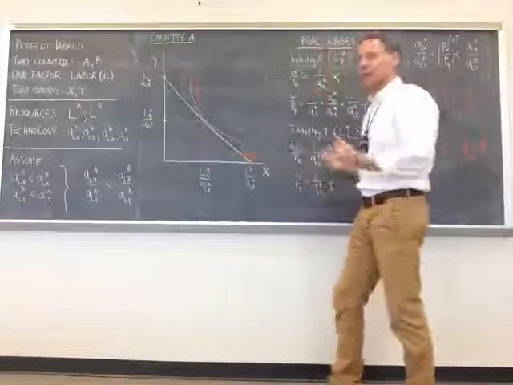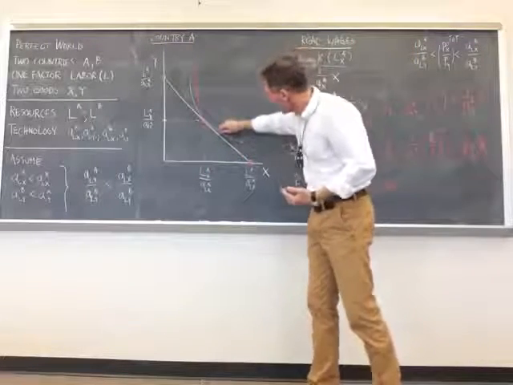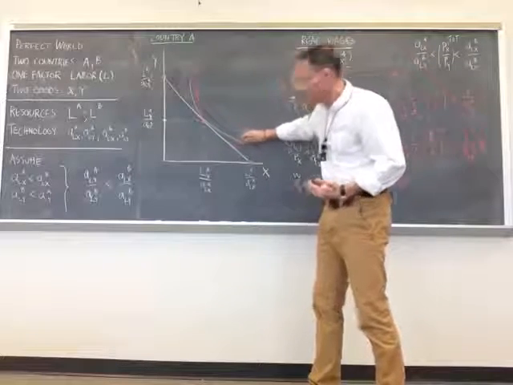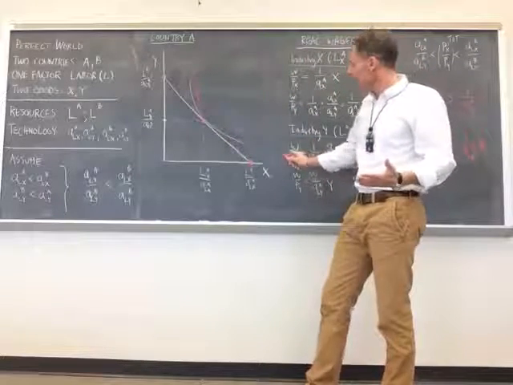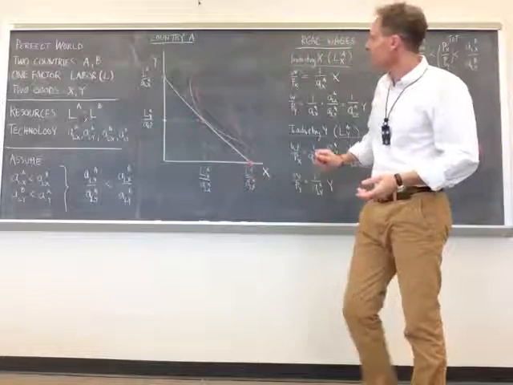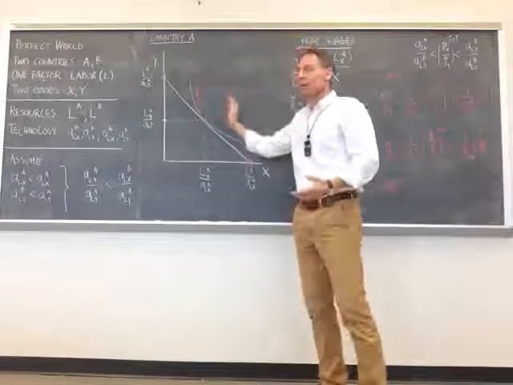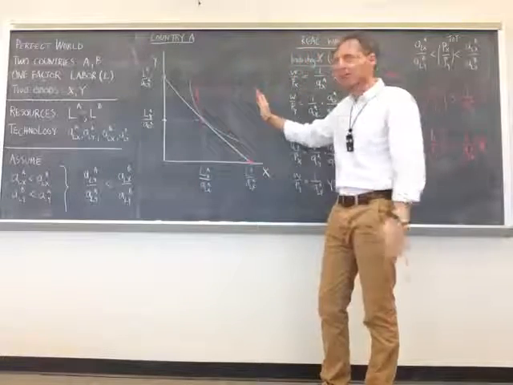So as Y workers move to the X industry, we are specializing, so we're moving down our PPF here. And then when we get to complete specialization, we can still trade at the terms of trade. And these terms of trade lines should be more or less parallel to each other.